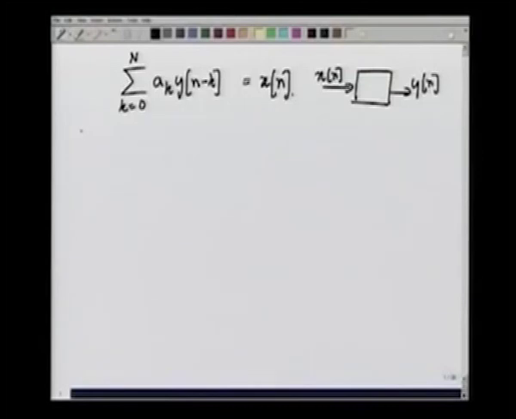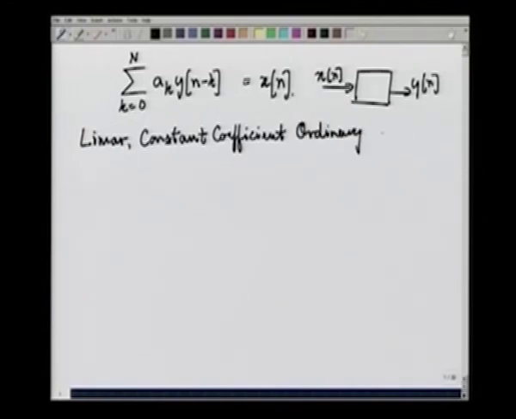What we are dealing with is the linear, constant coefficient, ordinary difference equation, which I will simply abbreviate by d prime E. So, when I write d E, it will be the differential equation.